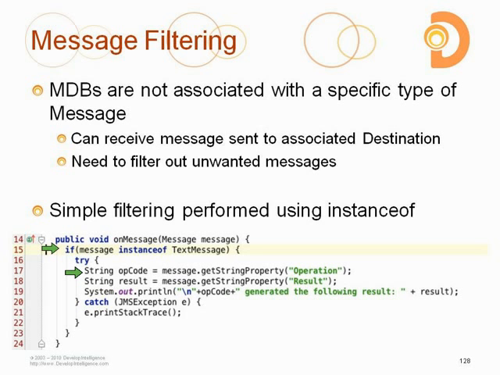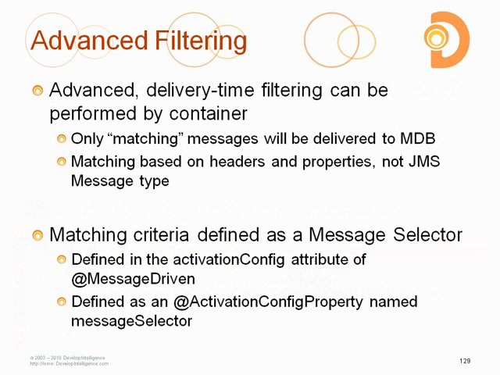So one of the things to be aware of is that if I do throw an exception, I might actually get the message back again. And if I couldn't handle it the first time, it means I can't handle it the second time. So I need to build in some strategy on how to deal with those message handbacks. So that's a kind of primitive way to do message handling and message filtering. But like I said, it works fine.